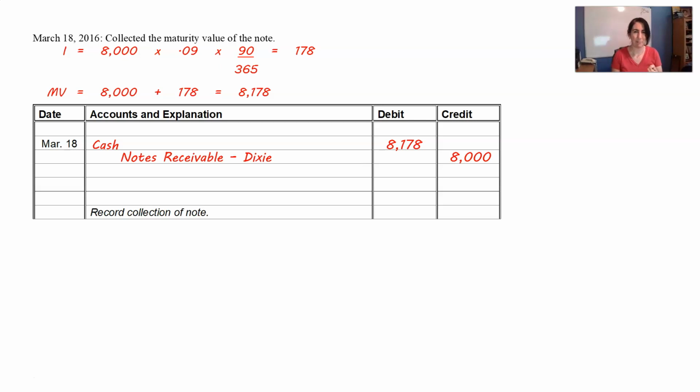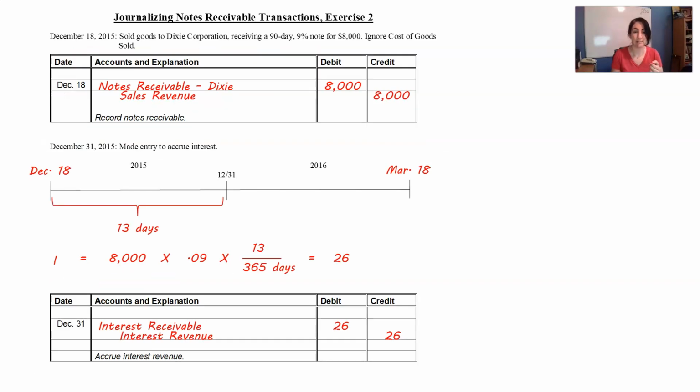but you're not going to credit interest revenue for $178, because you earned some in 2015 and some in 2016. 2015 has already been recorded. We need to record the 2016 piece. So that interest revenue, how do we calculate the 2016 piece? You're going to calculate the $8,000 times 9% times the 2016 days.